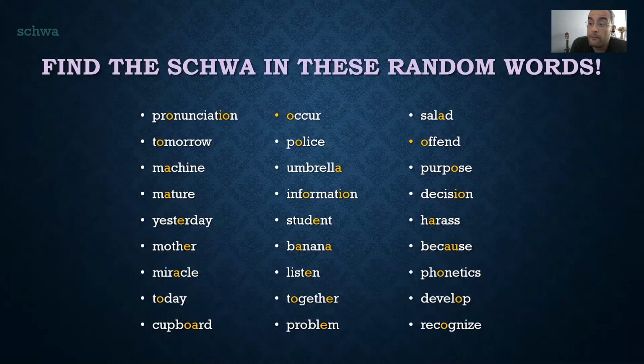Miracle. Now, for this one, you might think that it's just "miracle," but it's a schwa. The stress is in the first syllable, "miracle," and then schwa, "miracle," okay? Today, tonight, all right?